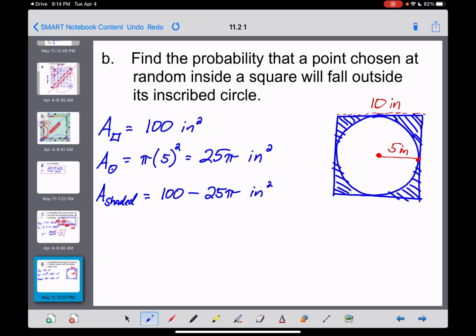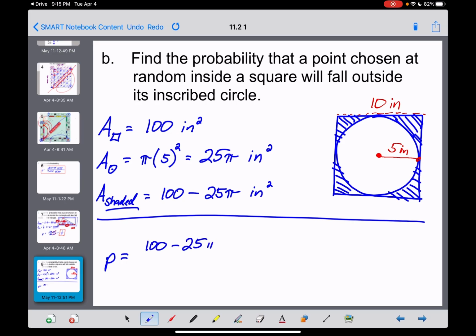I'm just going to leave it as 100 minus 25 pi. And now that you've found all your areas, the probability, guys, is the desired area or the shaded area divided by the total. So the shaded area is 100 minus 25 pi. And the total area for this entire figure is that 100 that we had right there.